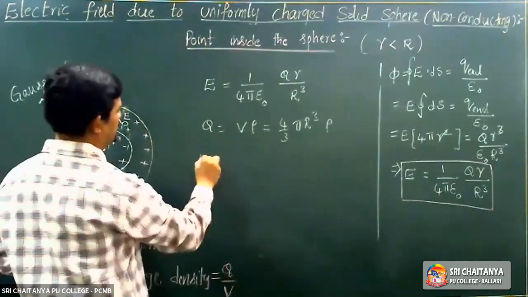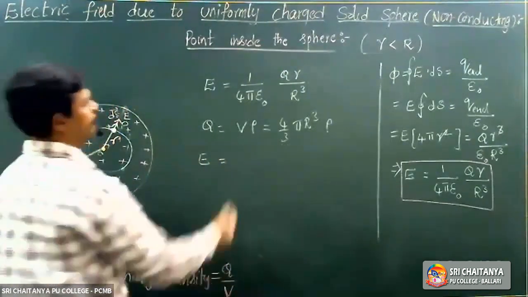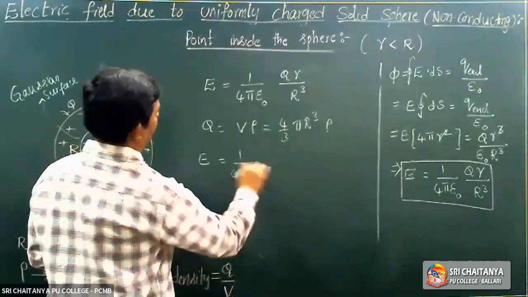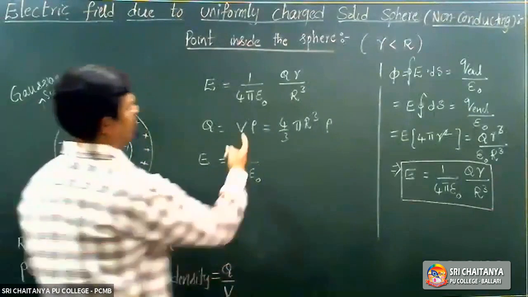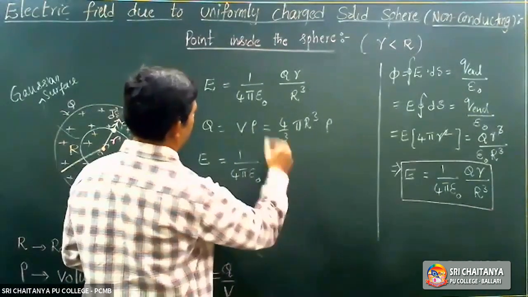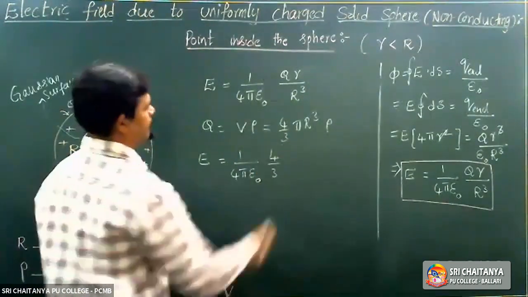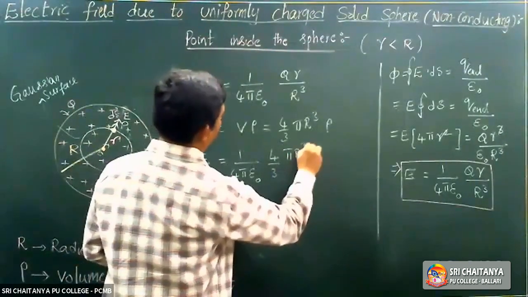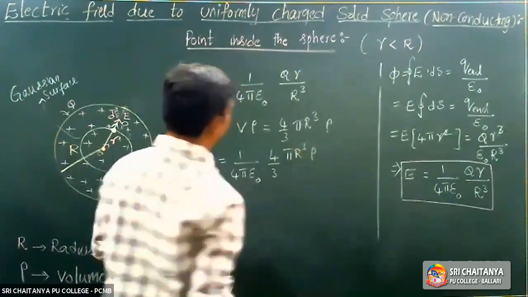Substitute this here to avoid the confusion. E equals 1 by 4 pi epsilon naught, Q is 4 by 3 pi R cube rho.